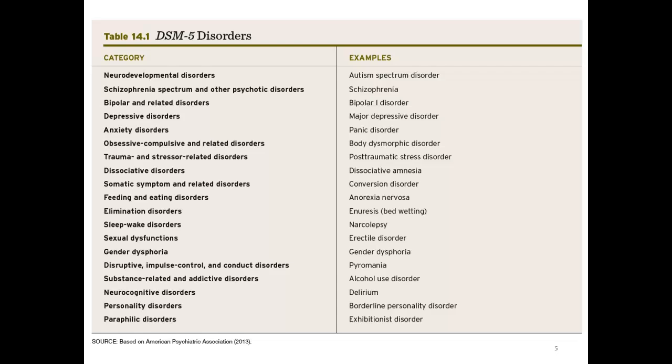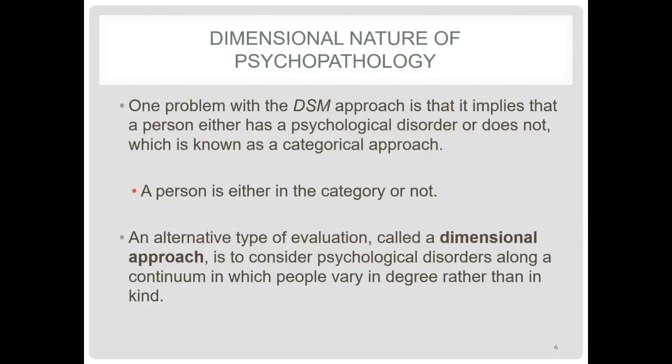Sleep-wake disorders: many people don't realize that insomnia can be categorized as a psychological disorder. Different substance-related and addictive disorders, so alcohol use disorder, and personality disorders. If it's a recognized psychological diagnosis, it's in the DSM-5. If it's not in the DSM-5, it is not a recognized diagnosis.